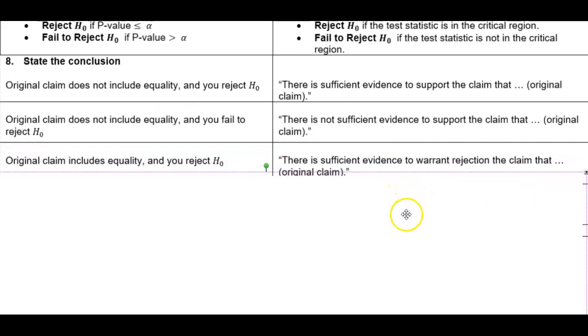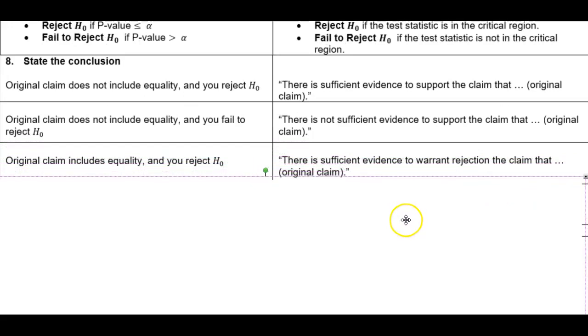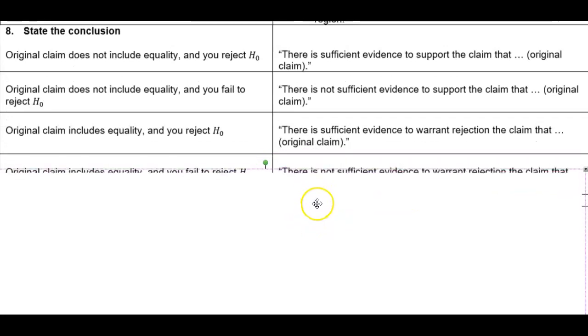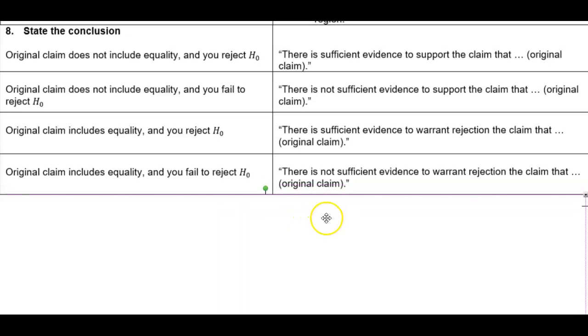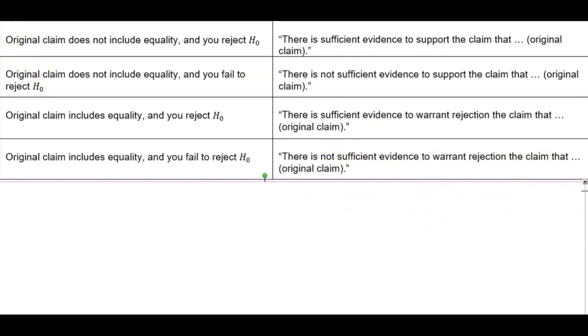If the original claim includes equality and you reject the null hypothesis, you would then state that there is sufficient evidence to warrant rejection of the claim that, followed by the original claim. And if the original claim includes equality and you fail to reject the null hypothesis, then you would state that there is not sufficient evidence to warrant rejection of the claim that, followed by the original claim.